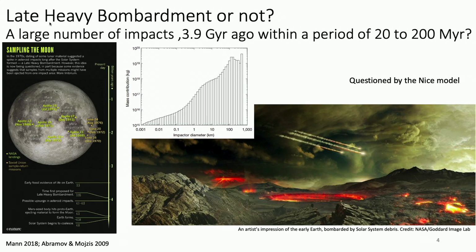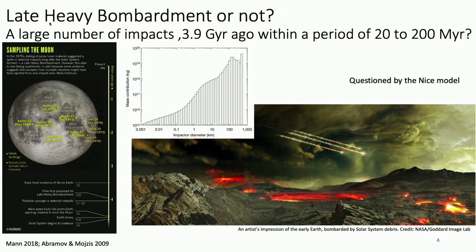So after the moon forming impact, the idea, because of the record on the moon surface, is that there was a large number of impacts that hit the Earth about 3.9 billion years ago, with a period of 20 to 200 million years. This means that if that theory or those observations on the moon can be exported to the Earth, it would have been quite inhospitable until that period of time.